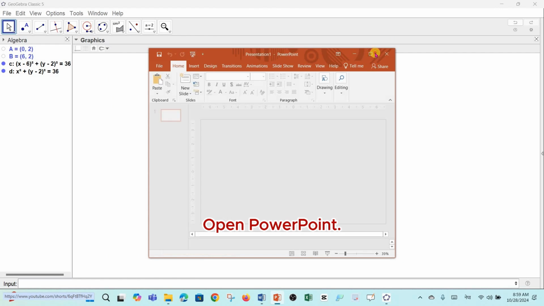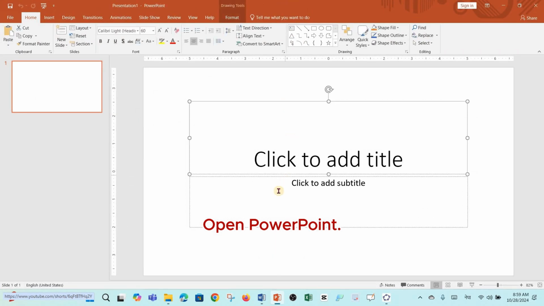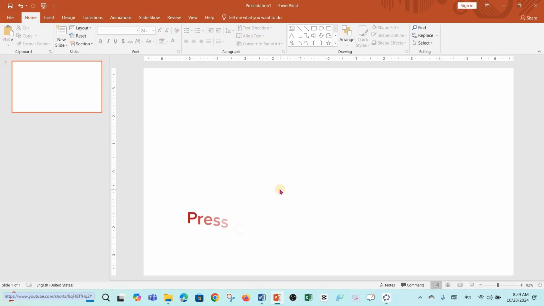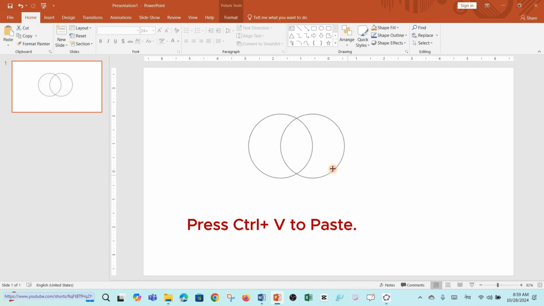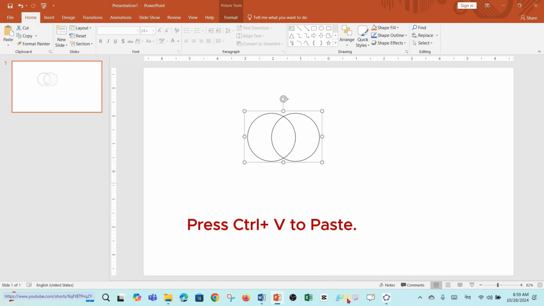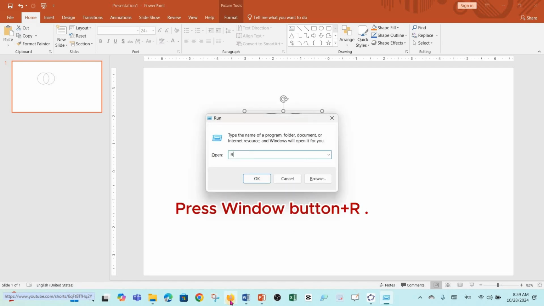And suppose I want to place it, then press Ctrl V to paste. Yeah, like this. Our Venn diagram is ready. Okay. And you can open Paint also, MS Paint: Windows R, mspaint.